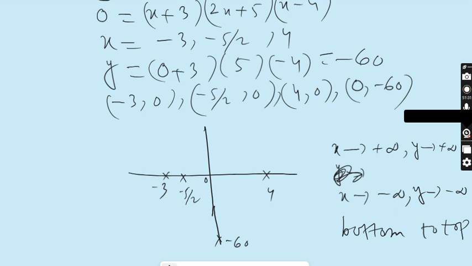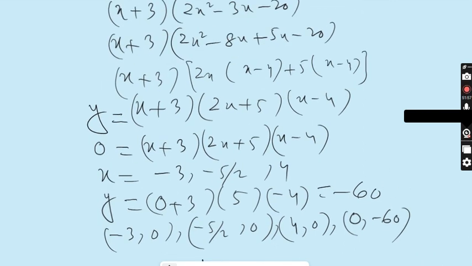Look at this. Sorry, from bottom to top. I'm sorry. This is the graph. So I hope you understand the entire question, the entire shape, all parts of question number 6.